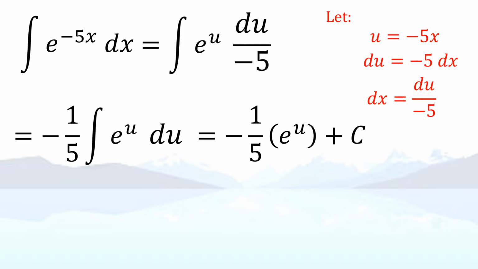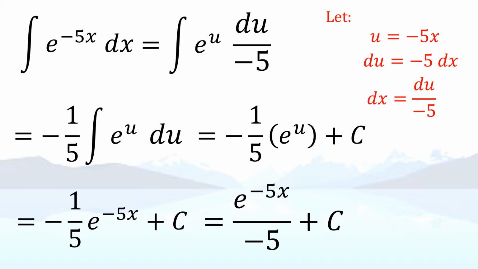And then the integral of e to the u is equal to e to the u plus c, times negative 1/5. And then substituting your u, it will be equal to negative 1/5 e to the negative 5x plus c. And then simplifying further, we will be getting e to the negative 5x over negative 5 plus c.